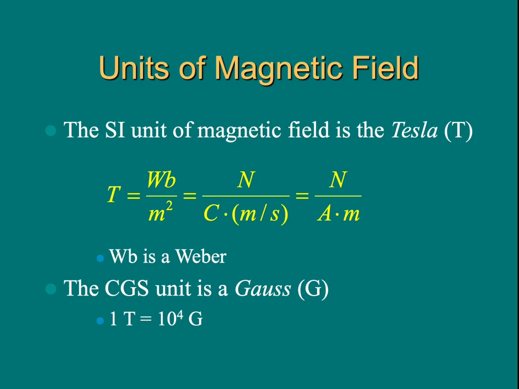It can also be read as Weber per meter squared. In the CGS unit system, the unit for magnetic field is Gauss. 1 Tesla equals 10,000 Gauss.